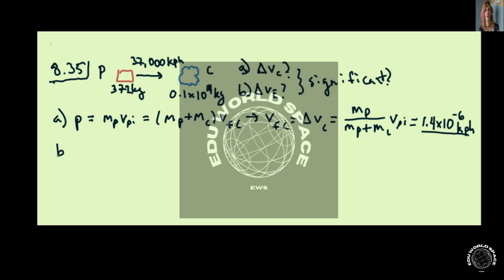So now let's assume that the comet then hits the Earth. The mass of the Earth is 5.97 times 10 to the 24th kilograms.